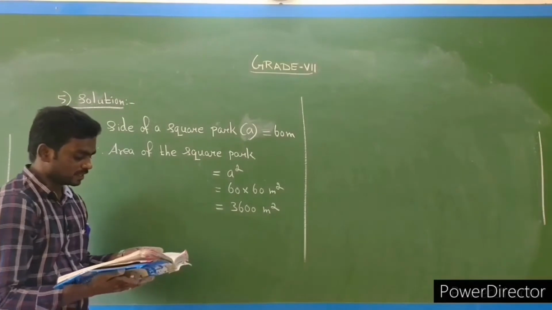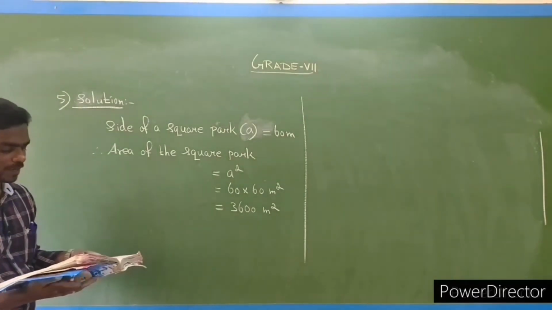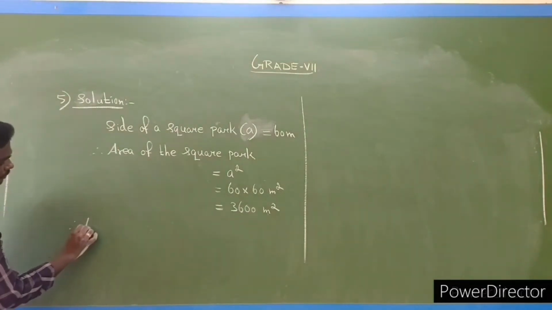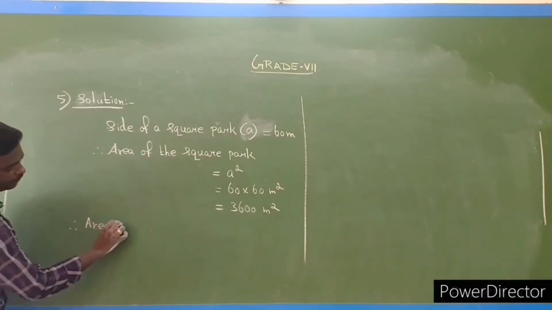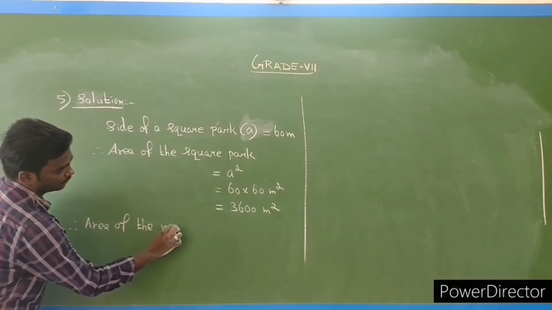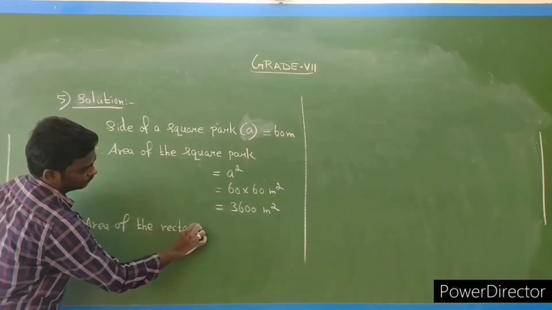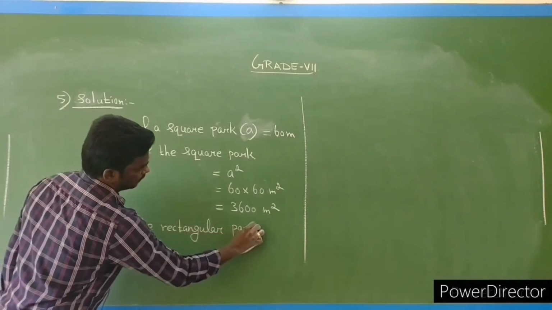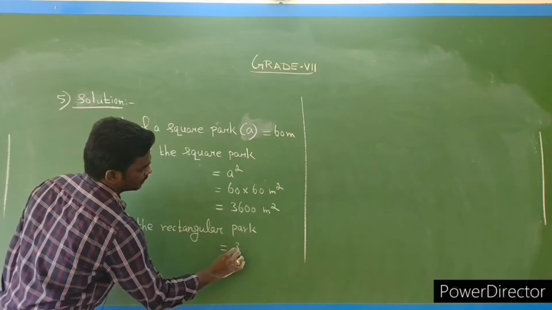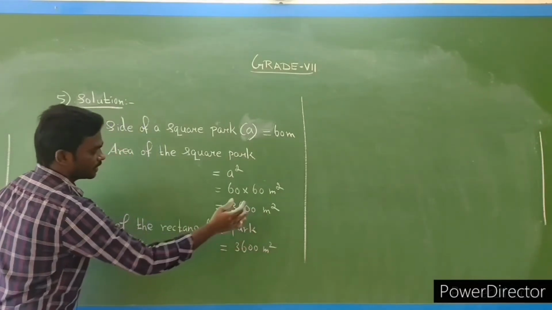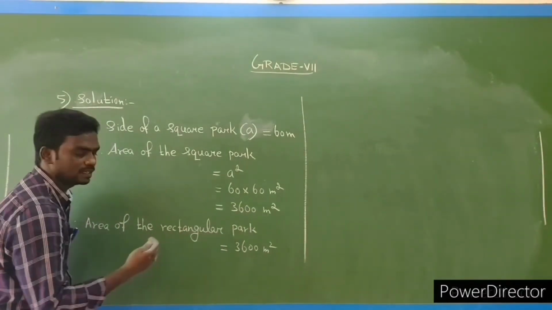But what is the condition given? The area of the square park is the same as the area of the rectangular park. Therefore, the area of the rectangular park is equal to 3600 meter square, because the areas are equal.